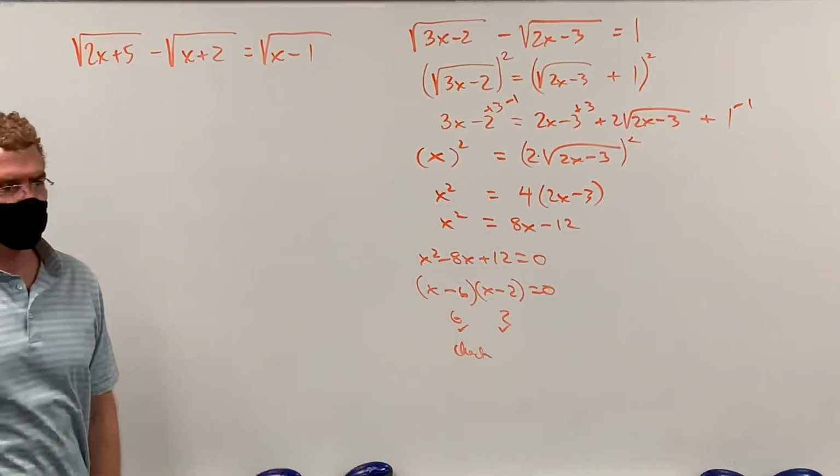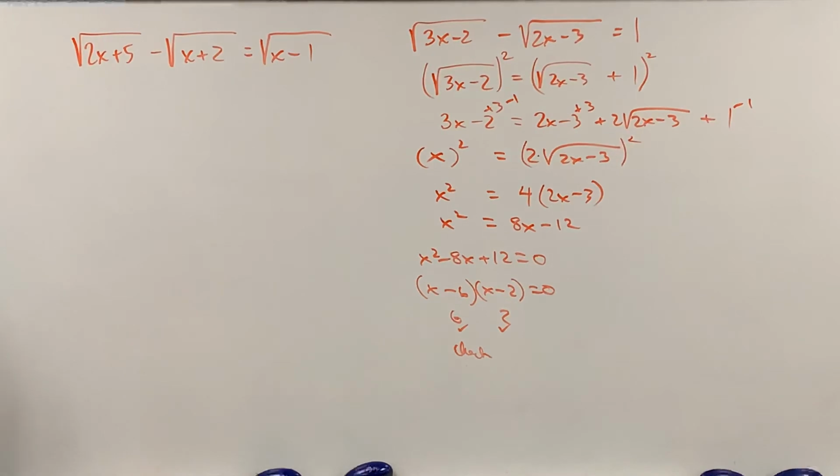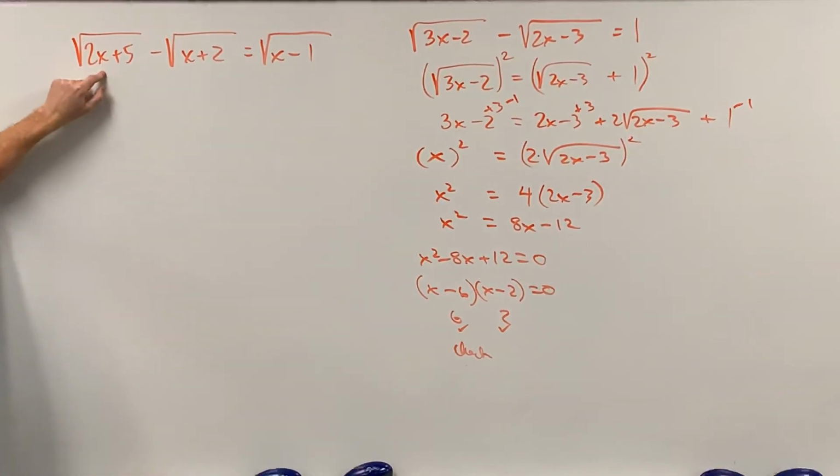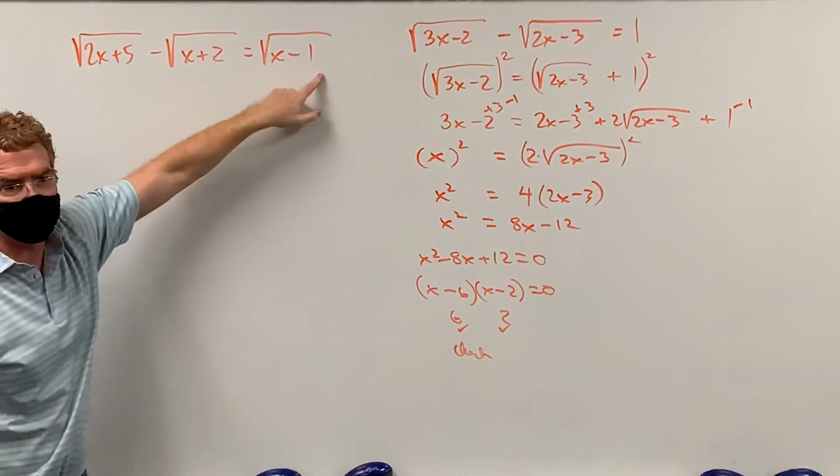Bring that x plus 2 over. Why? Because it's the one with the negative and you have to isolate one radical. Do I already have one isolated? Oh, yeah. So if you want to bring that over, make it a positive root x plus 2 to isolate this, you can. But you've already got one isolated, right?